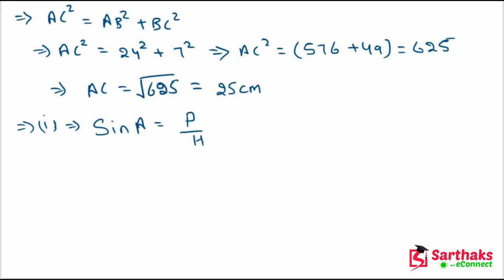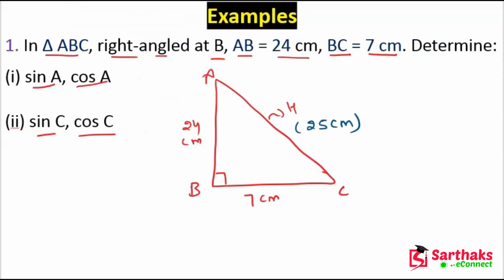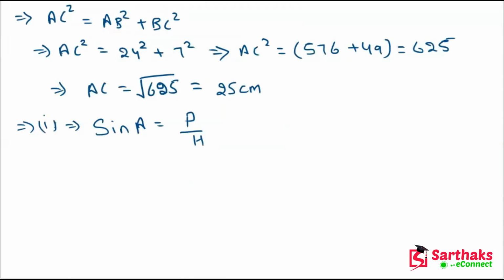If we are finding this with respect to angle A, drawing the triangle A, B, C, this is 24, this is 7, this is 25. Now we are finding sine with respect to this angle.